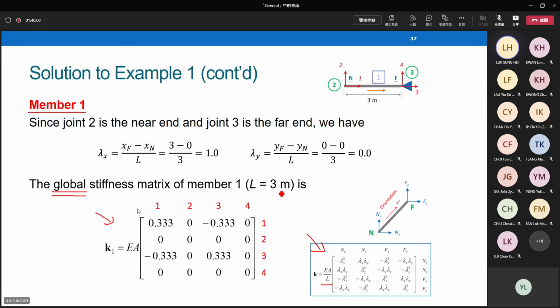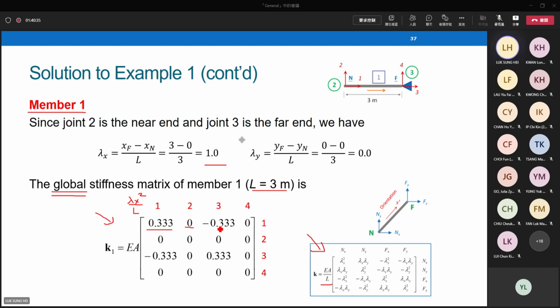So we have length L equal to 3. This element is equal to lambda A squared over L over 3. Lambda x is 1, 1 squared gives us 1, 1 over 3 gives us 0.333. Lambda y is 0, so the next one is 0. It just proceeds several times.